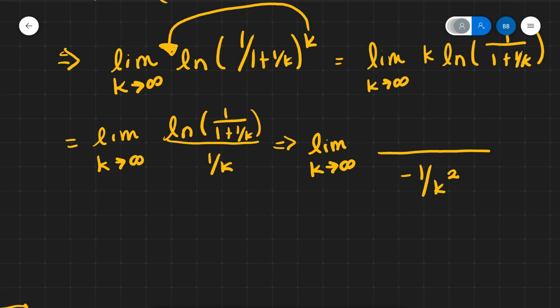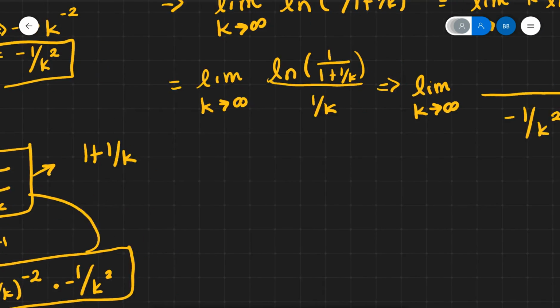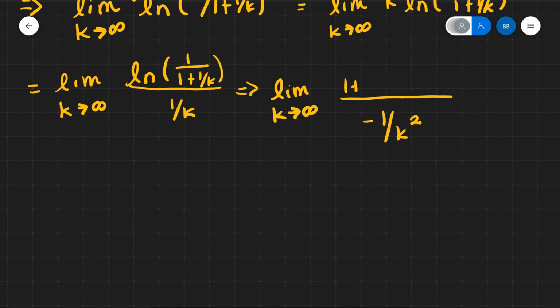And then I have my chain rule, which was 1 over 1 over 1 plus 1 over k. And if I just flip that, I just get 1 plus 1 over k. So I have 1 plus 1 over k times negative 1 plus 1 over k to the negative 2 times negative 1 over k squared for the derivative of the numerator.